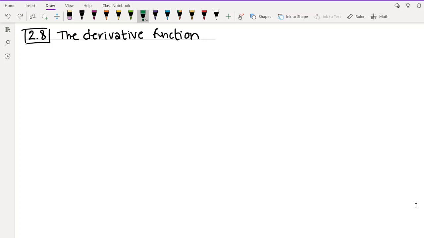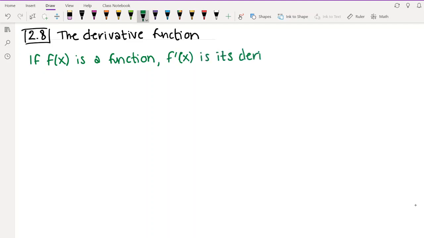So we talked about last time how the derivative function, so if f of x is a function, f prime of x is its derivative function.